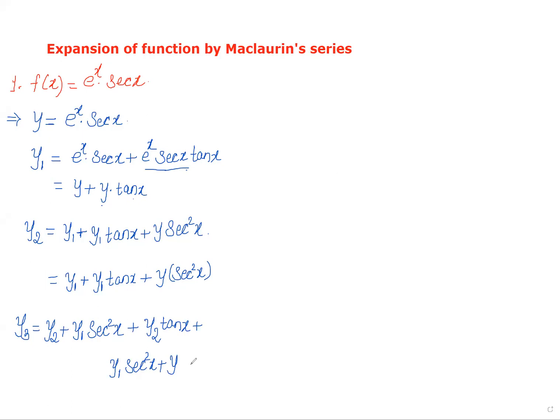What is the derivative of sec square x? 2 into sec x, sec x tan x. Derivative of sec x is sec x tan x, so it will be 2 sec square x into tan x.